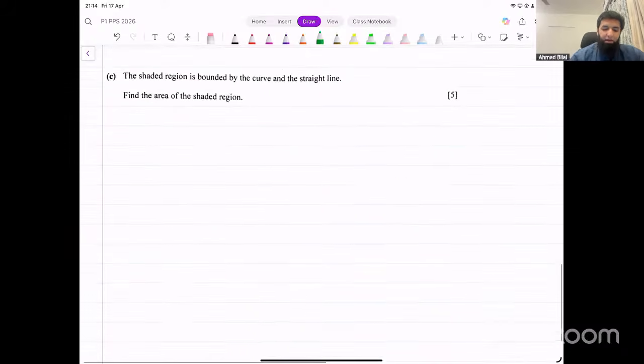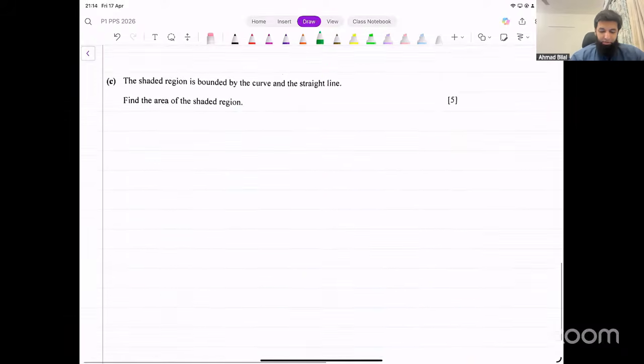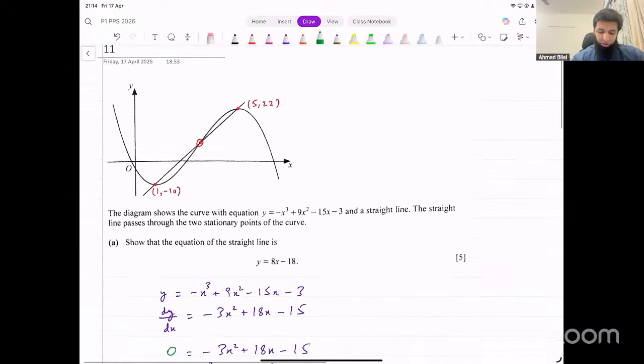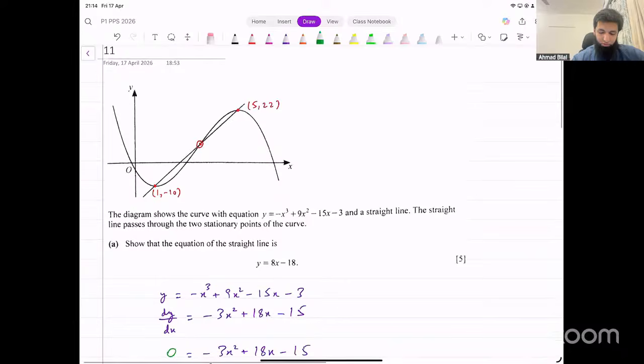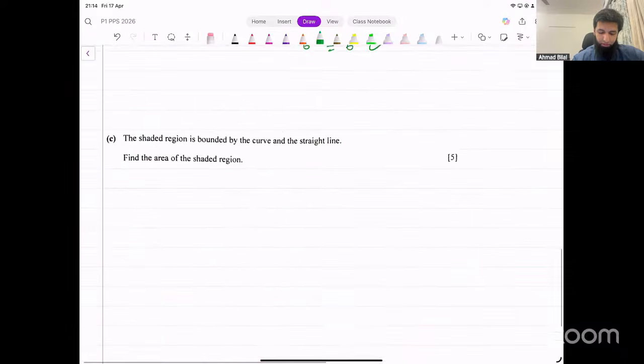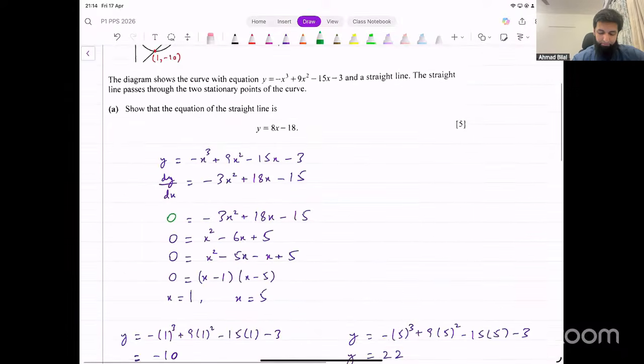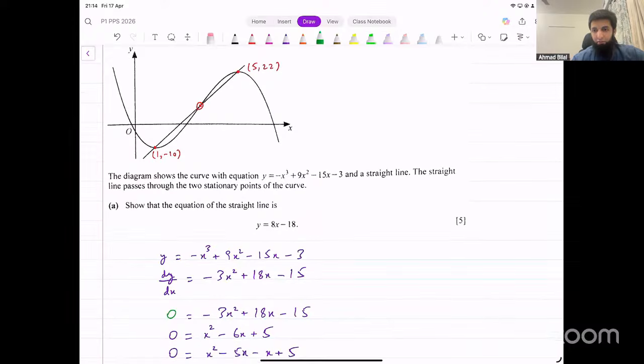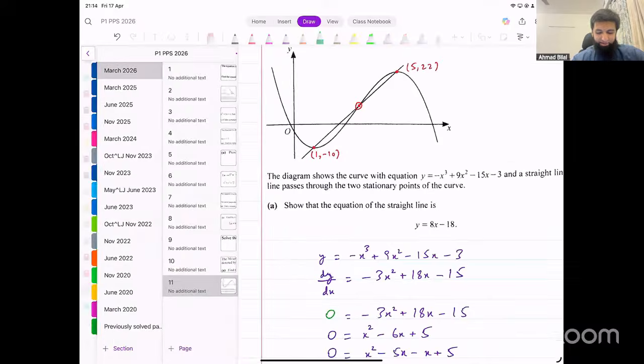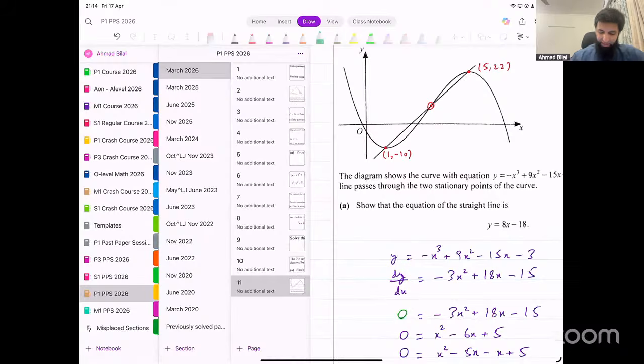All right, last one. Last part of this paper: the shaded region is bounded by the curve and the straight line. Find the area of the shaded region. Okay, shaded region. It's bounded by the curve and the straight line. What's the shaded region? The shaded region is not visible.